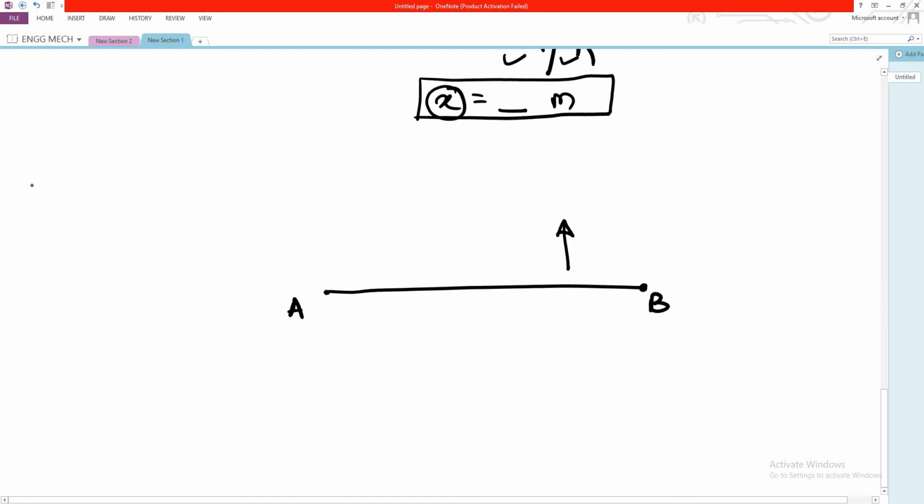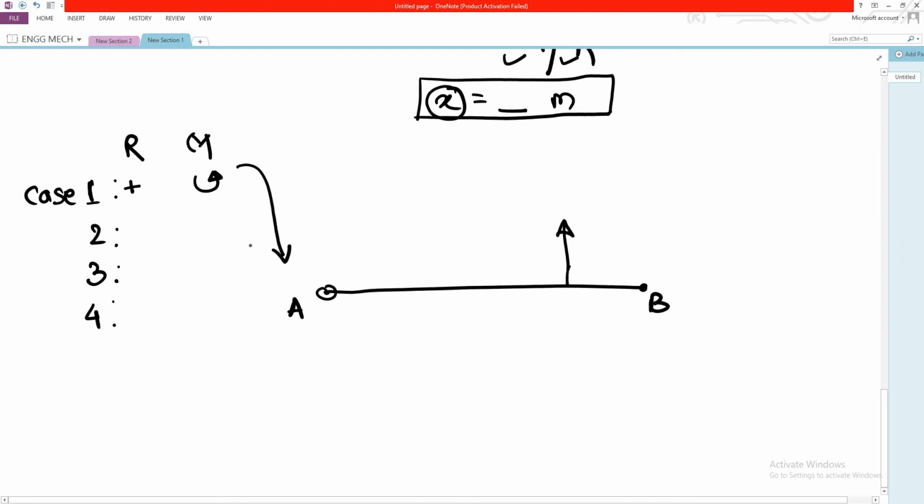Case number 1, we are talking about sub cases, the probable final answers. For example, if the resultant is positive, let's write R over here and let's write moment here. If the resultant is positive, the direction of resultant will be upward, and let's say the moment is anti-clockwise. Therefore we should put the resultant in the diagram like this. This is the case for positive resultant, that is upward resultant, and anti-clockwise moment.